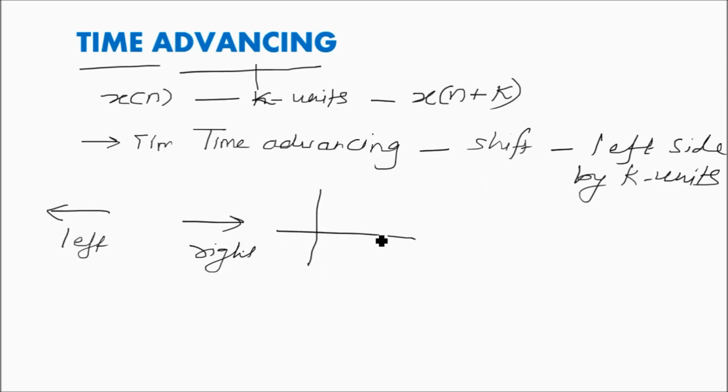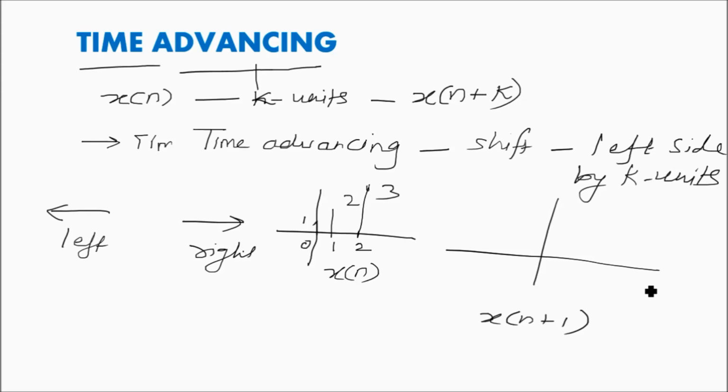Suppose I draw a signal with values 1, 2, 3 at 0, 1, 2, as x of n, and you want to find x of n plus 1.